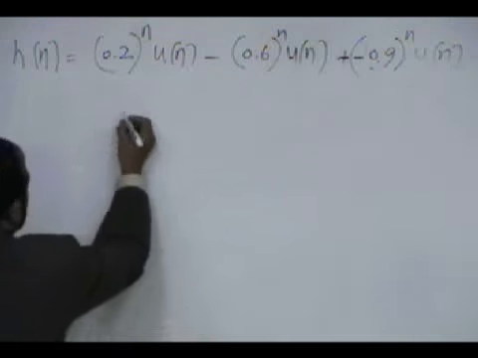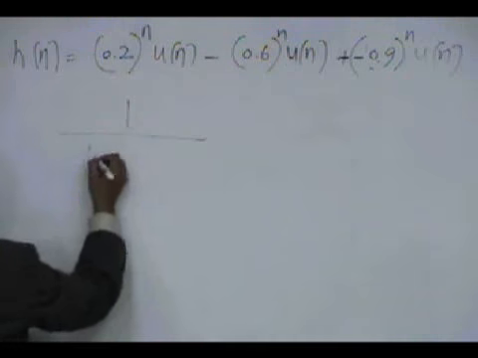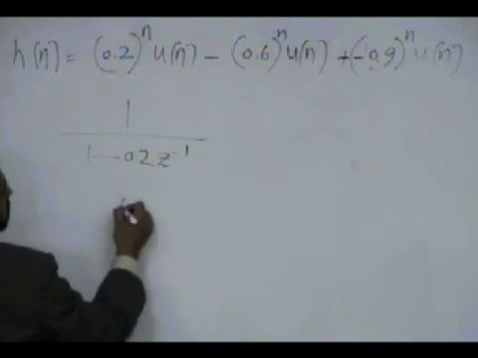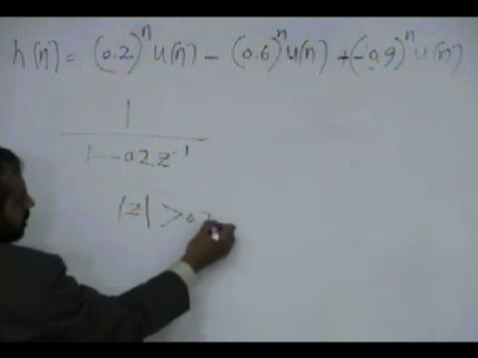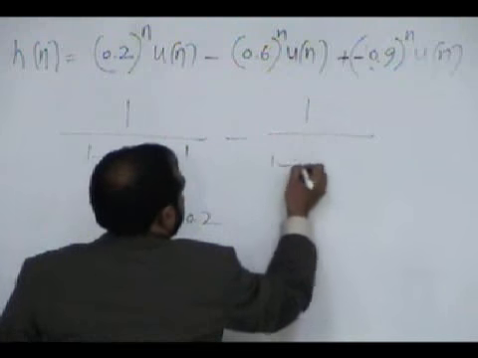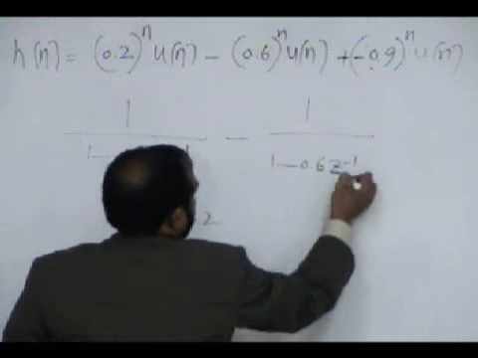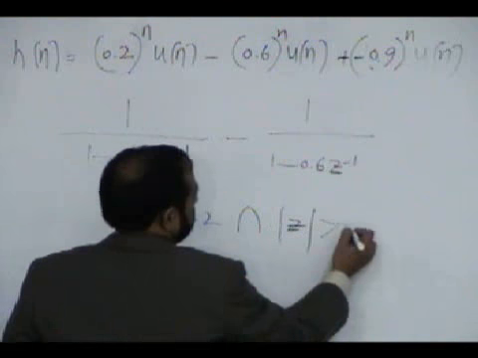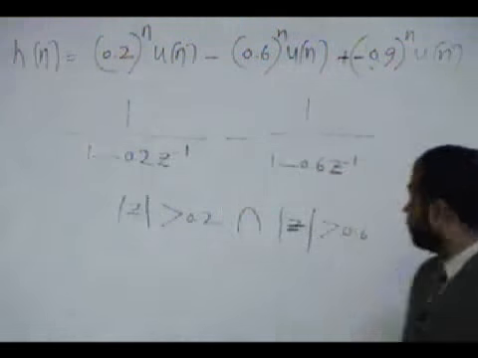What is the Z transform? Z transform 1 minus, and what is the region of convergence? Okay, then comes this minus 1 over, what is the region of convergence? Right?